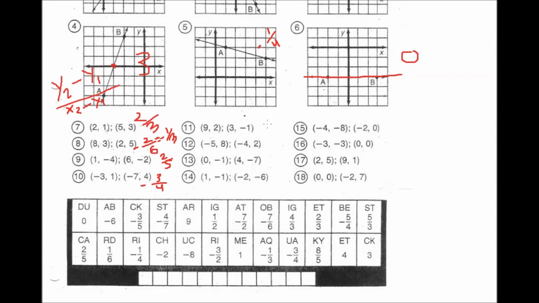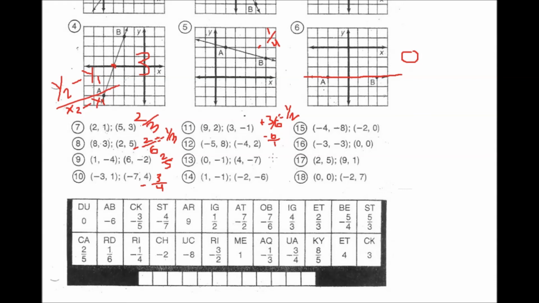Negative 1 minus 2 is going to be a negative 3. 3 minus 9 is going to be a negative 6. I'm going to change that sign there, so that's going to equal 1/2. 2 minus 8 is going to equal a negative 6. Negative 4 minus a negative 5, that's like adding 5 because we changed that sign, so it's going to be 1, so it's just a negative 6.